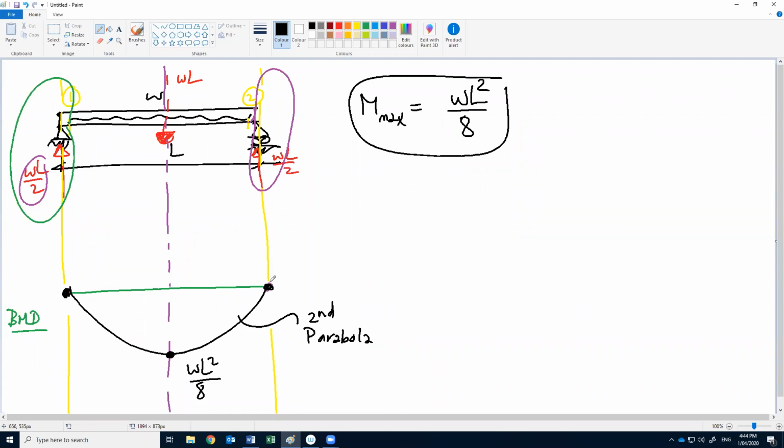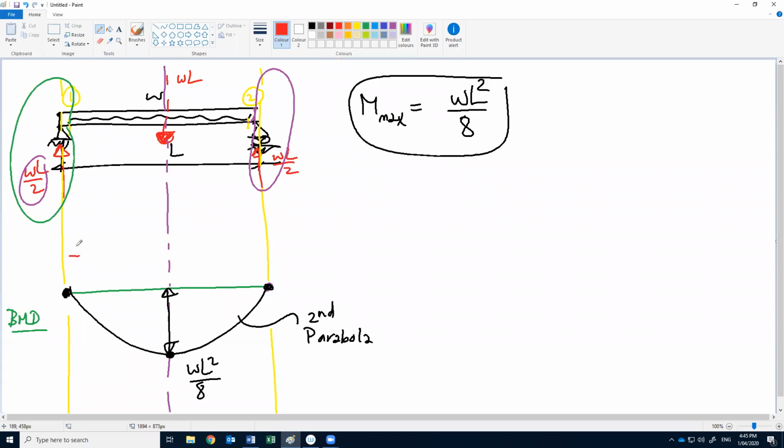So the moment here will be a second degree parabola. Okay, so this is the moment for the uniform load. If we have uniform load again, the moment at the start 0, the moment at the end 0, maximum moment at the middle or at mid span is WL square by 8, and we connect with a second degree parabola. Okay, what is the sign convention for this moment, positive or negative?